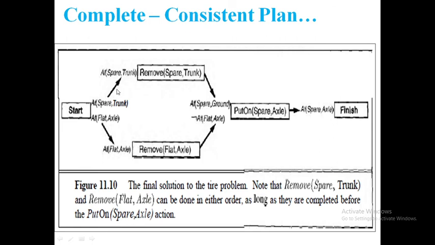So these two preconditions are satisfied, and the flat is not available at the axle and the spare is not available at the trunk. The spare is at the ground and the flat tire may be at the ground, there is no problem. Now we can put the spare from the ground on the axle so that the car can be moved.